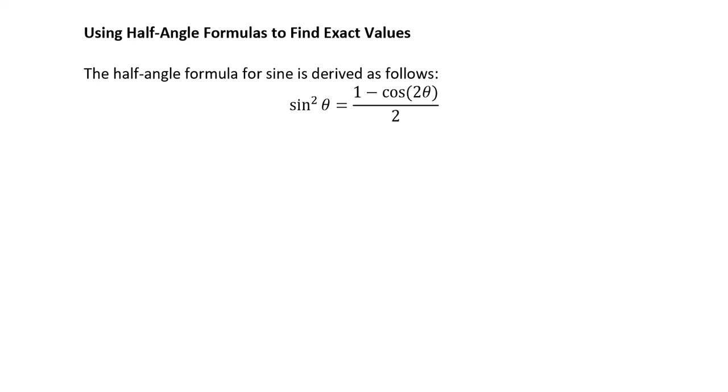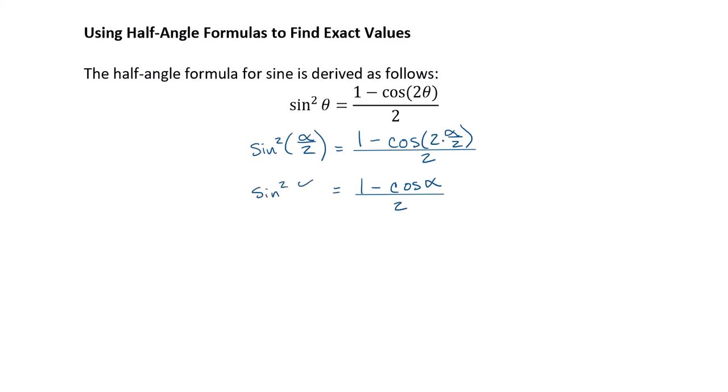Well, I know sine squared of alpha over 2 would then be equal to 1 minus the cosine of 2 times alpha over 2, all divided by 2. This is now 1 minus cosine of alpha over 2.